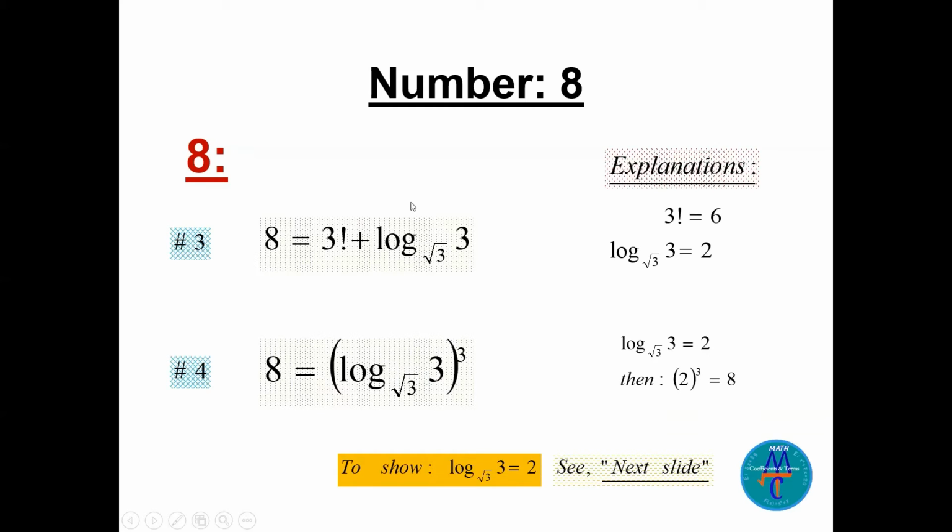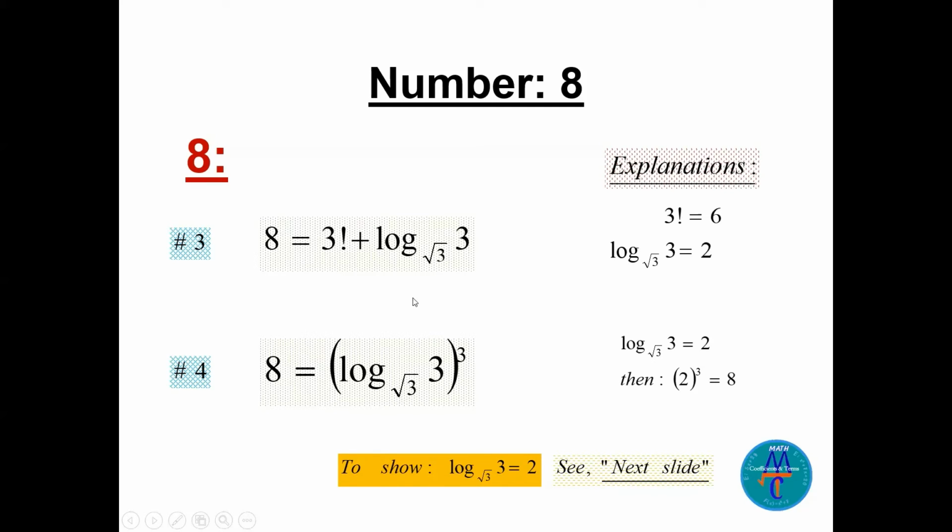Also, I can take the same expression here after the plus, log base square root of 3 of 3. This is all 2. And then I put 3 on the power. So 2 cubed is 8. So that's another way, method number 4. We can write 8 as log base square root of 3 of 3, all cubed.